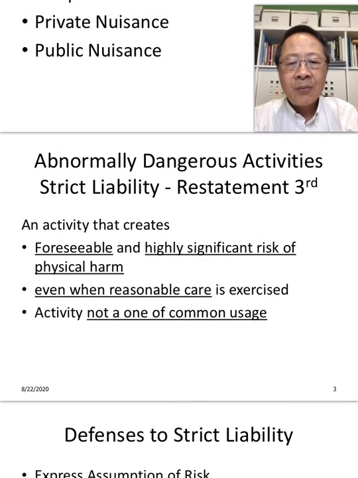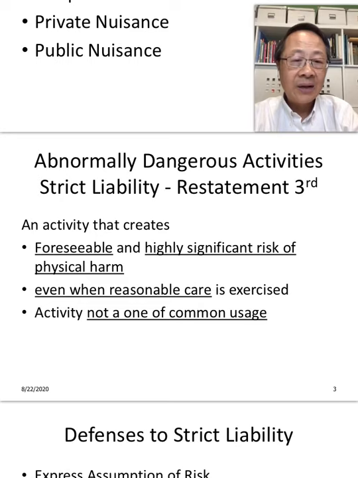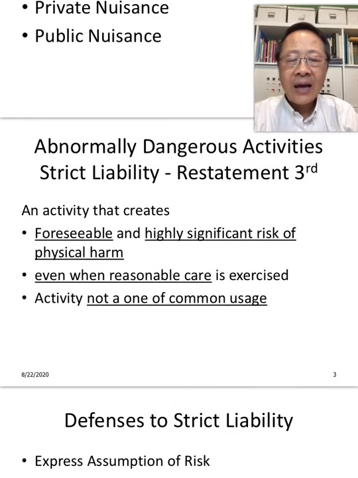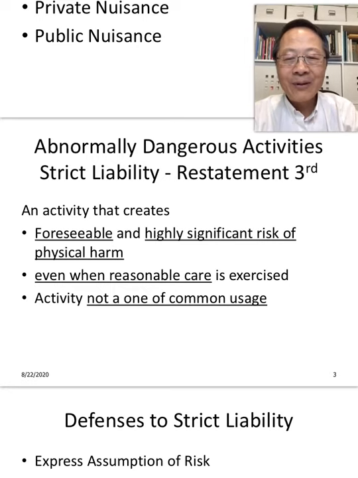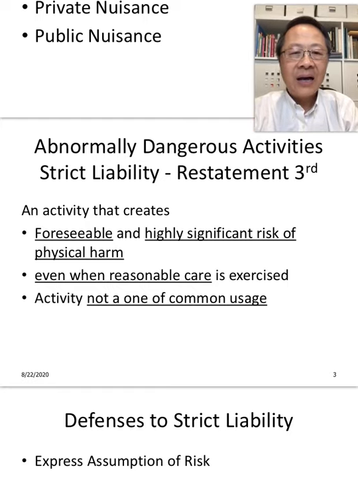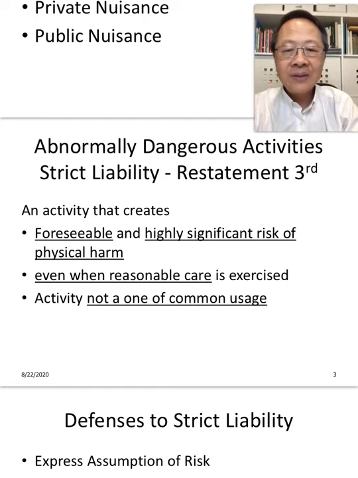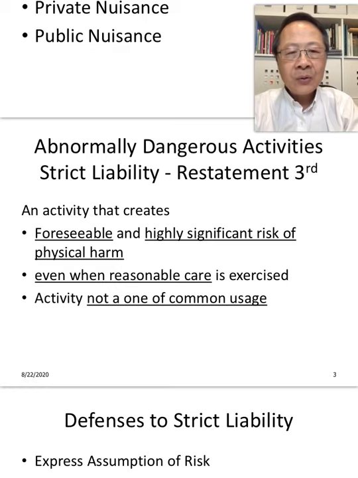Now, to start off with abnormally dangerous activities, strict liability. If you recall from your torts class, this has an origin that is much deeper in the common law, and it arose out of Rylands versus Fletcher and ideas about wild animals. Over the course of the last century, it's evolved quite a bit.